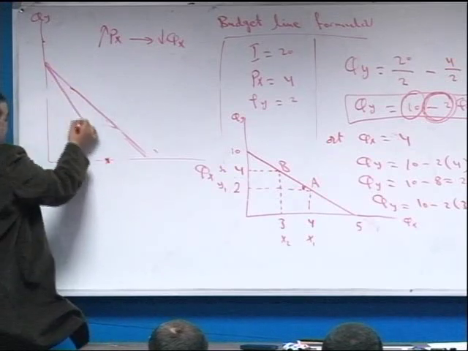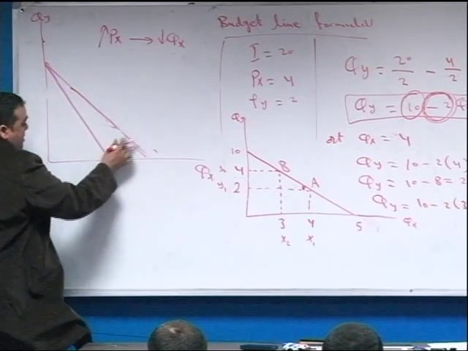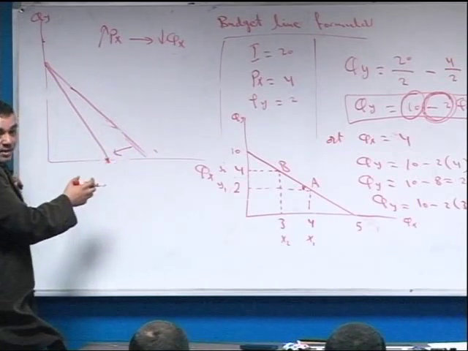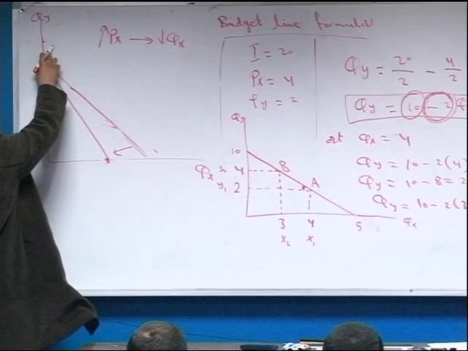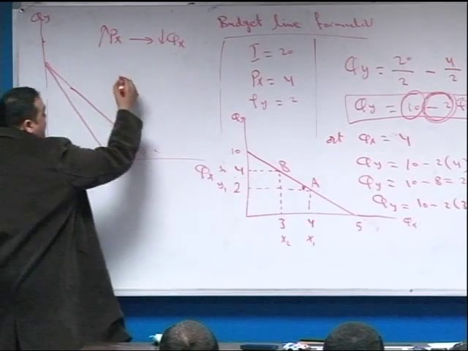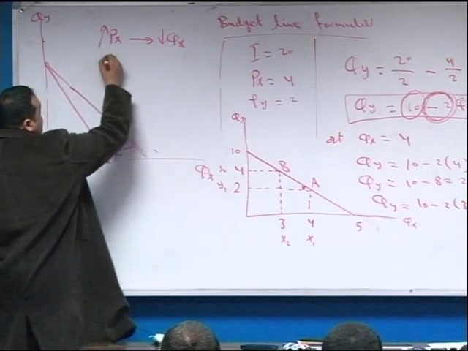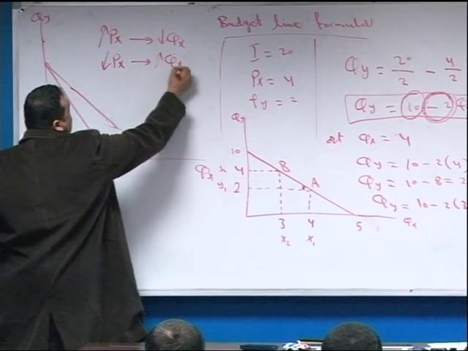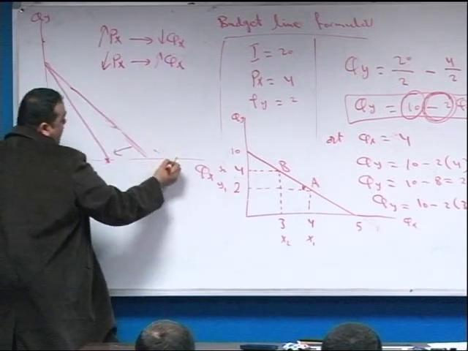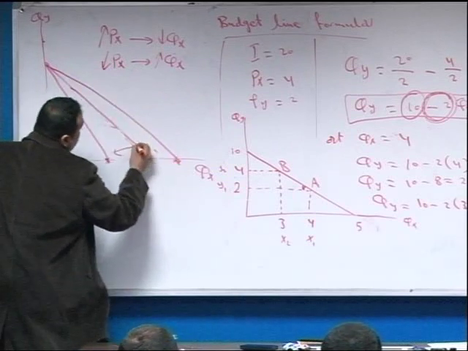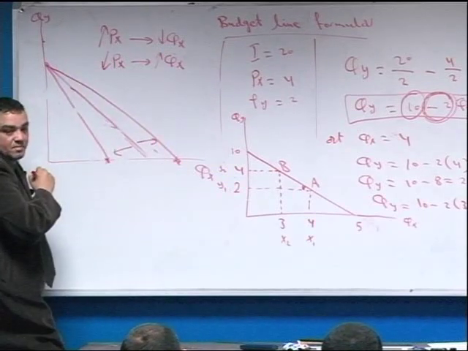There is a leftward shifting of the budget line toward the QX axis, right? And at Y, it would remain constant, right? If the price of X declines, this leads to an increase in the quantity of X. So we have a new quantity of X, and the quantity of Y remains constant in this case, right?